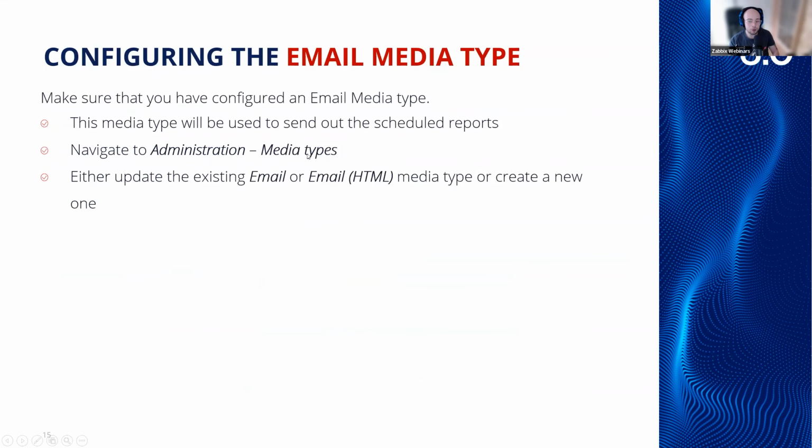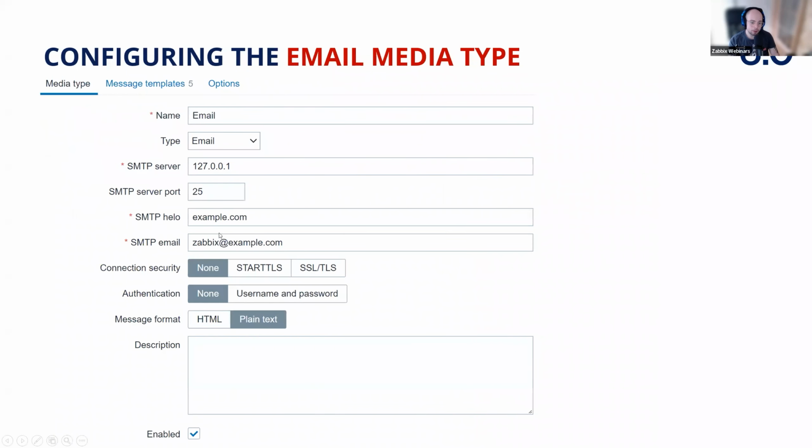Then we will also check our media types. I have my email server configured there. I'll give you some time to plug in yours, and you can use Gmail as an email server if you have a Gmail mailbox. So here is an example of the media type configuration.